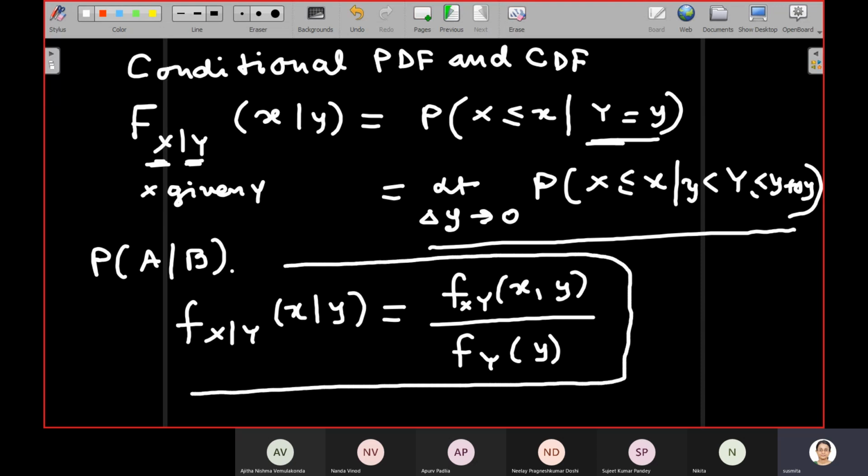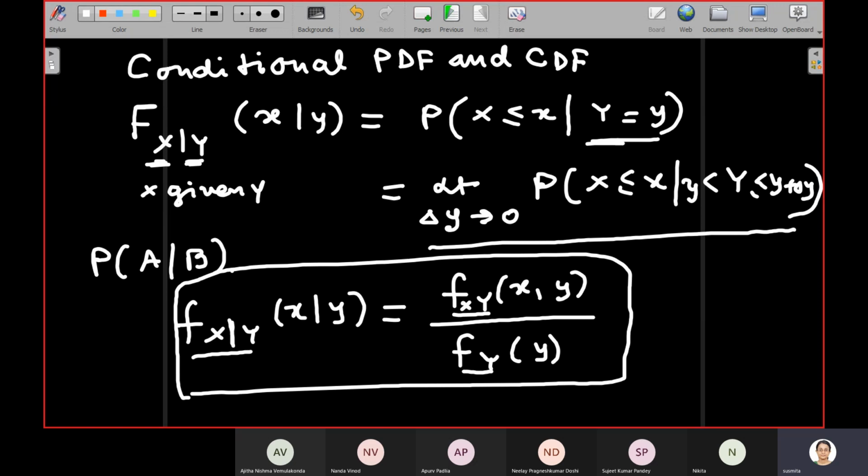Okay. Now see, this is actually what we get in Bayes rule also, right? Using Bayes theorem also for conditional probability, the same equation is used, right? We have the same equation there also. So to get the conditional PDF, we need the joint PDF and divide it by the marginal PDF.